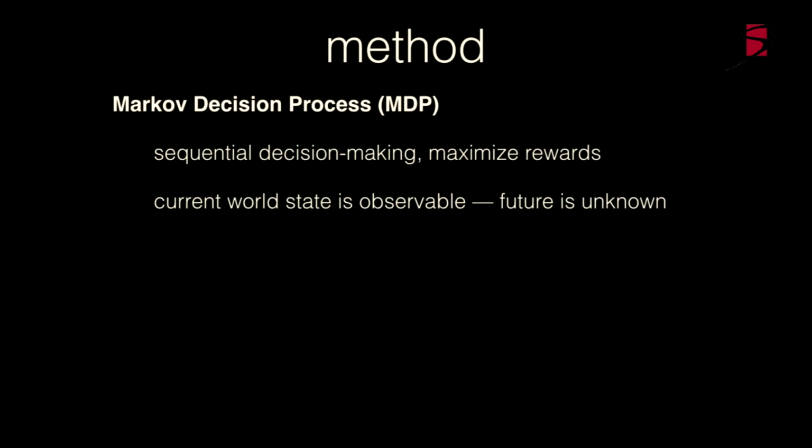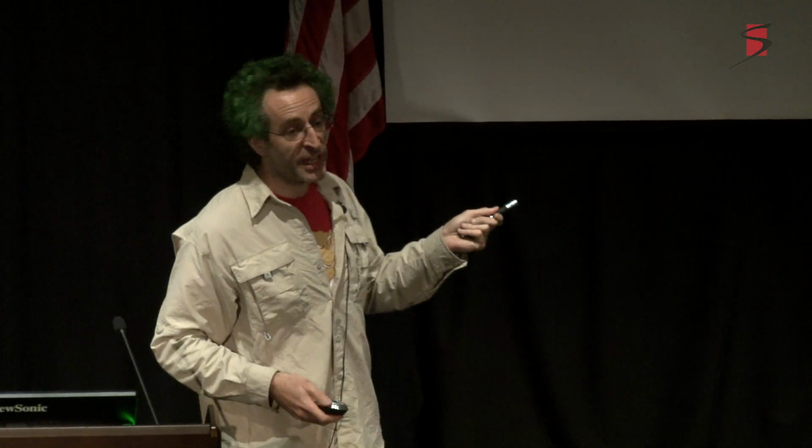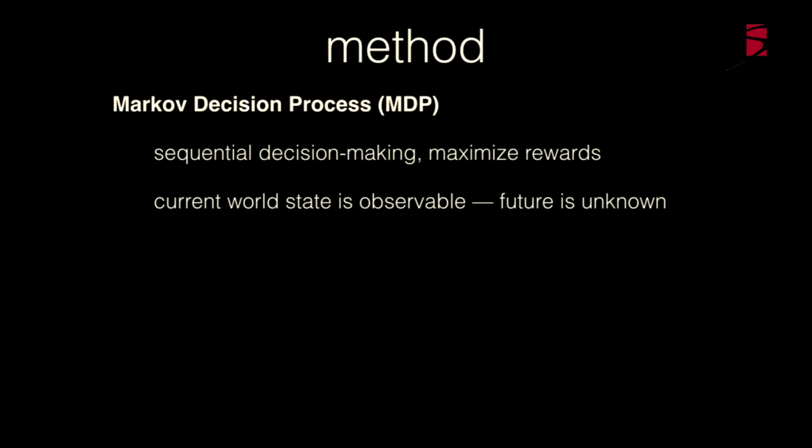We're going to start with a Markov decision process. So we already talked about Markov chains. If you have a Markov decision process, you have a world that's Markovian, and you have a goal that you'd like to achieve. So you find what actions to take at every time step to achieve your best goal and maximize your outcome, your total expected future rewards. Okay? The current world state in this framework is fully observed. You know what's out there, but you don't know the future. The future is unknown.